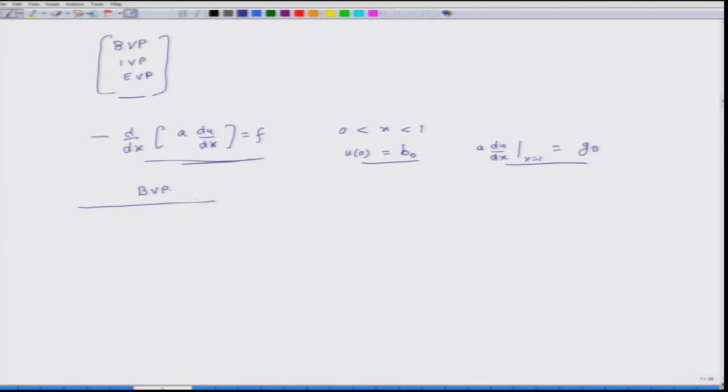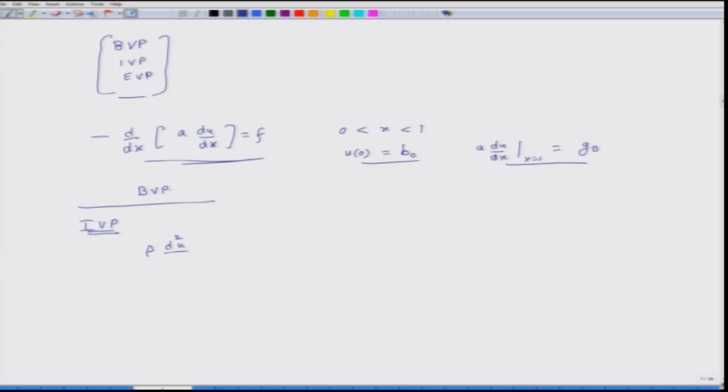The second category of problems, again I will explain through an example, is the initial value problem. In the first case we are prescribing primary variables or their derivatives at the boundaries. In the initial value problem, consider this equation.